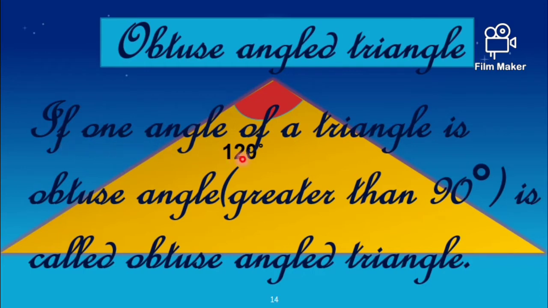Means if one angle of a triangle is an obtuse angle, greater than 90 degree, it is called obtuse angle triangle. Like the given triangle, one angle is obtuse, means greater than 90 degree, it is 120 degree. So that type of triangle is called obtuse angle triangle.